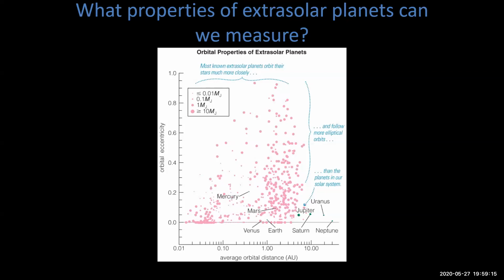compared to the orbital distance of the object for a good number of the known planets plus our own solar system.